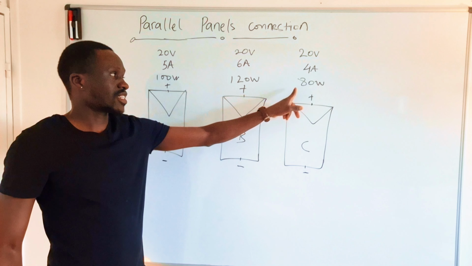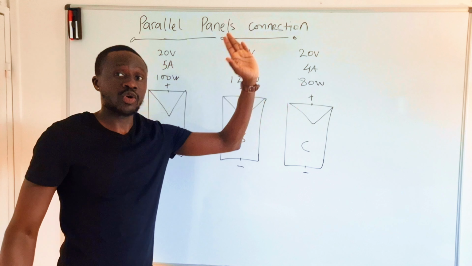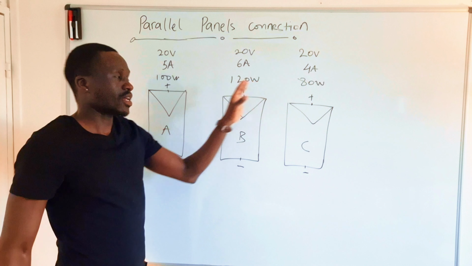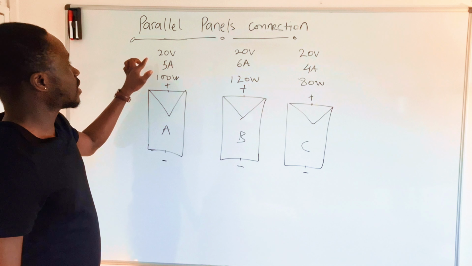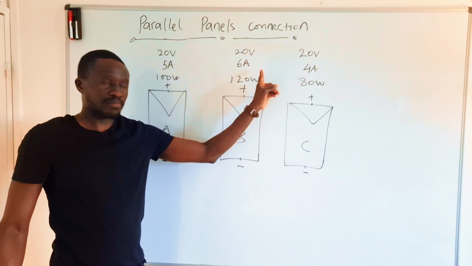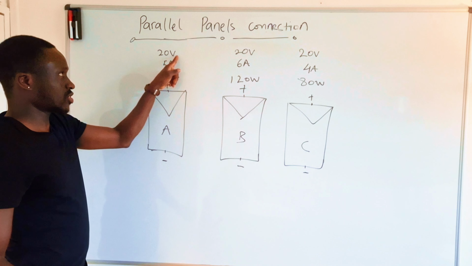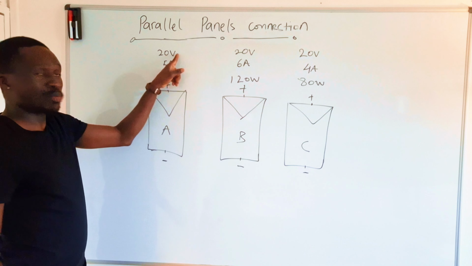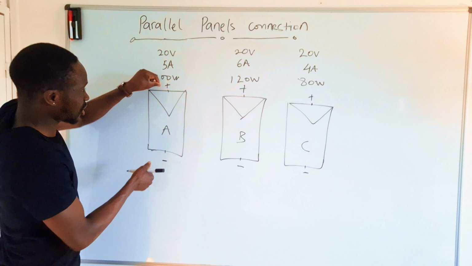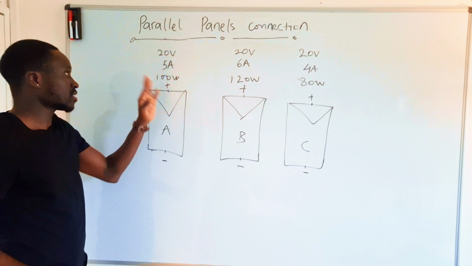Every panel has wattage. That's why a lot of people look for wattage. That is the power, wattage. And every panel has amps. Our first panel A has 20 volts. On open circuit, it will show you 20 volts. If you measure here and here, it gives you 20 or 21 volts.